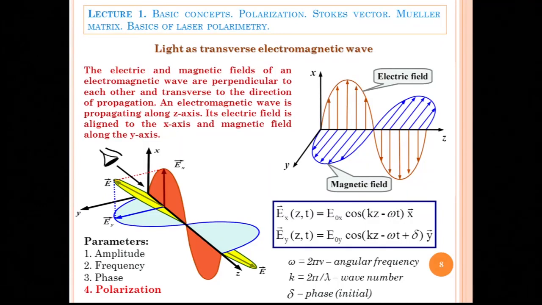It can be decomposed into two orthogonal projections, E sub X and E sub Y. These are two plane waves. You can see the equations of these fields here. It's the X component of our electric vector oscillation and the Y component of our electric vector oscillation. They differ by their amplitudes, and here the initial phases are also presented.